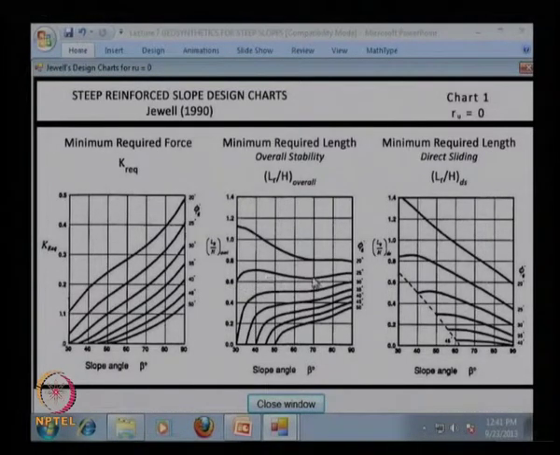So, LR by H for overall stability will be about 0.46.